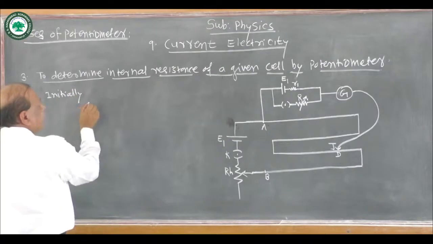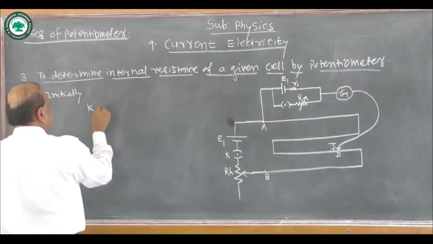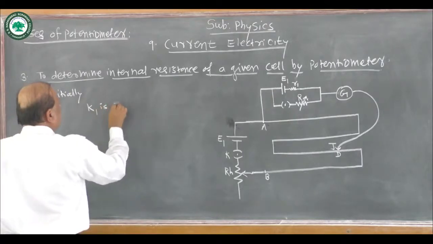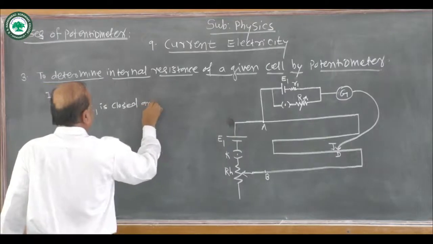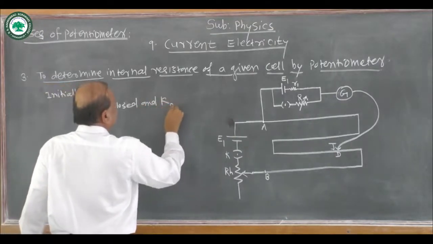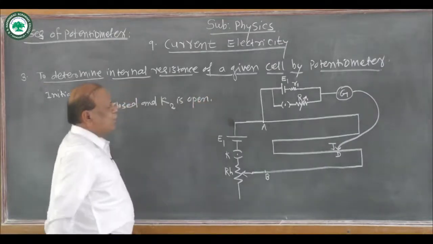Initially our key K1 is closed and K2 is open.